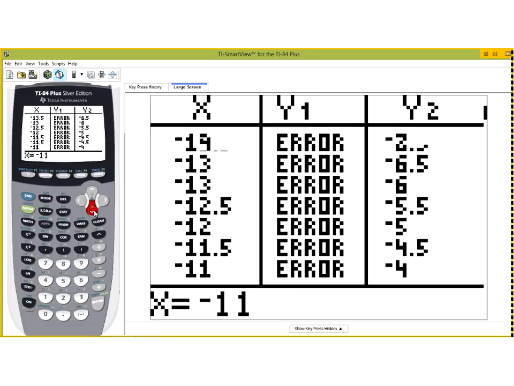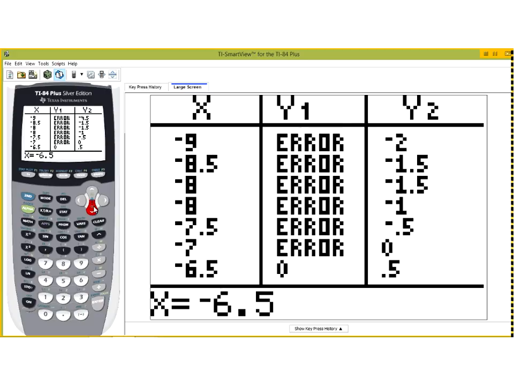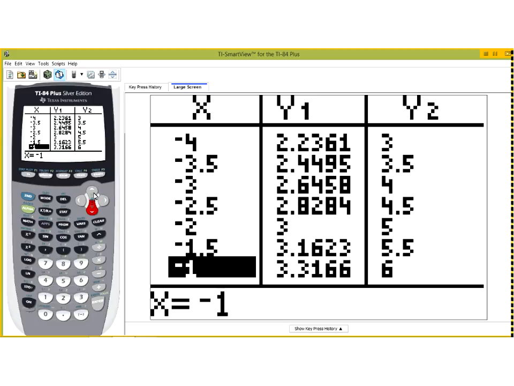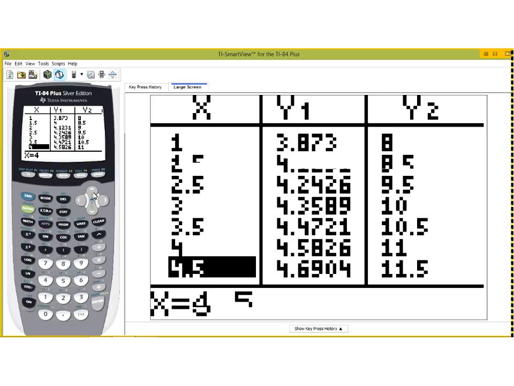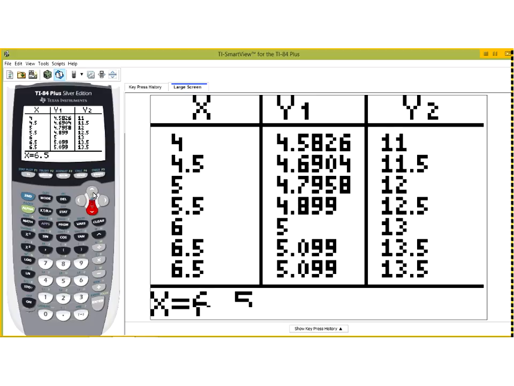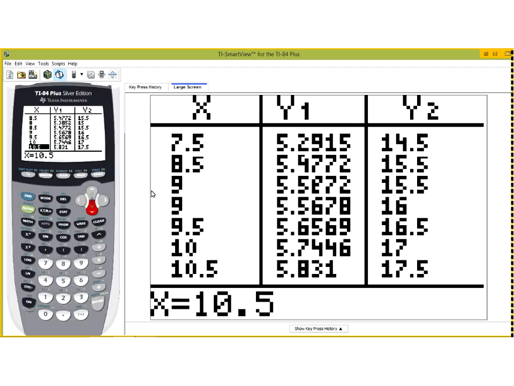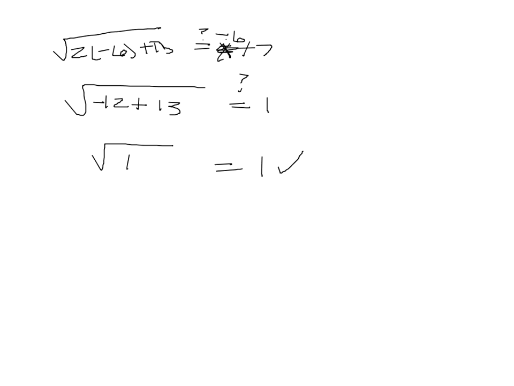So error because I'm taking the square root of a negative. All right, and stop. Okay, too far. Anyway, but you can go there and check. All right.